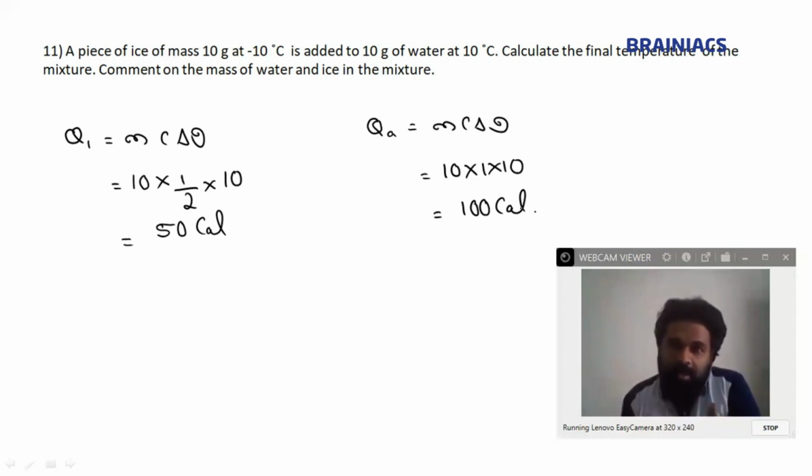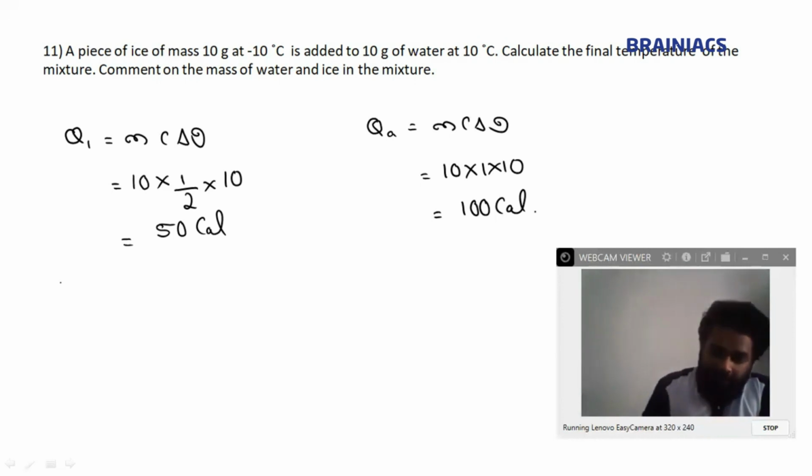So remaining calorie no one can use. So the thing is, will it become water at 0 degrees Celsius or not? Okay, let us confirm. Water at 0 degrees Celsius will release 100 calories of heat. This side we have made ice at 0 degrees Celsius.